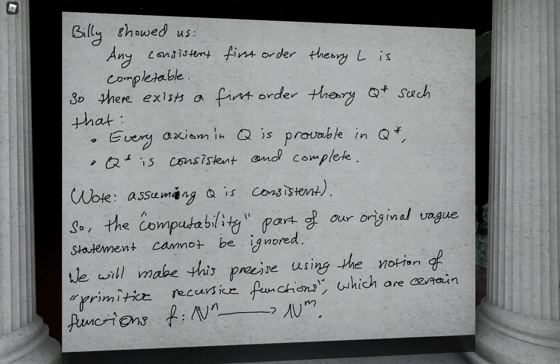Okay, so as I said, I'm not going to formally define it right here, right now, but just so that you at least have something inside your head, they are certain types of functions from some product of the natural numbers to some other product of the natural numbers. So if you consider the full set of all such functions, we're going to carve out a subset of them, and that subset is going to be the primitive recursive functions.